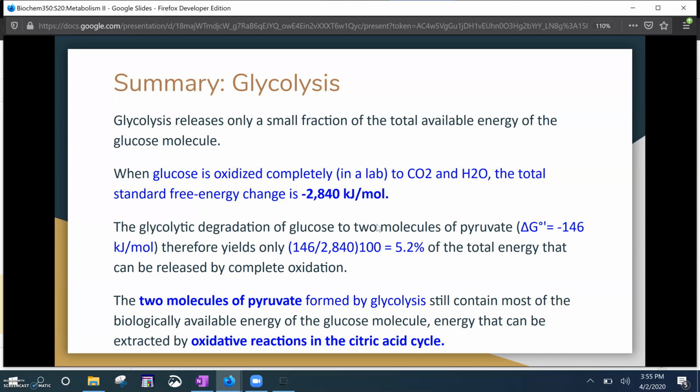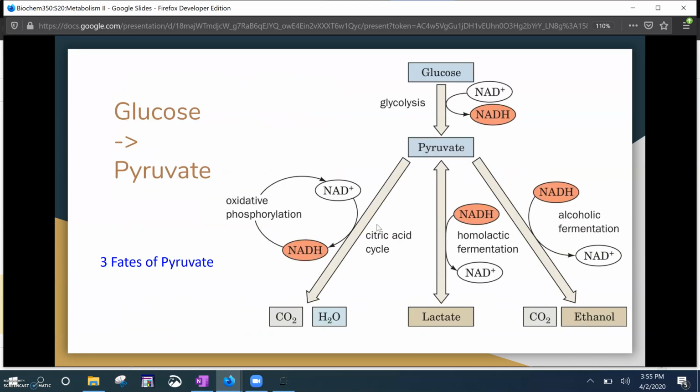So the 2 molecules of pyruvate formed by glycolysis still contain a lot of energy that we want to get out. And this energy can be extracted by going further through oxidative reactions, in the citric acid cycle, the carboxylic acid cycle, Krebs cycle. There's a bunch of different names for it. So we're going to see how we can take pyruvate to get more of this energy out.